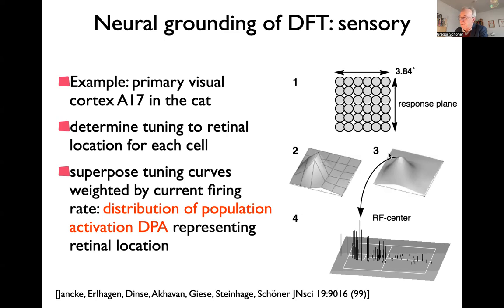And we found out the tuning to retinal location, the tuning curve. And the idea is that we then construct from a lot of these recordings a distribution of population activation by weighting that tuning curve, this 2D tuning curve, with the activation of that neuron in any given condition.